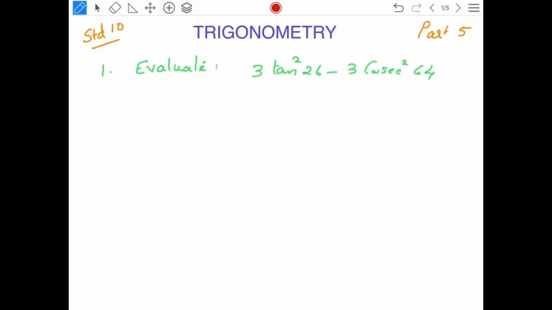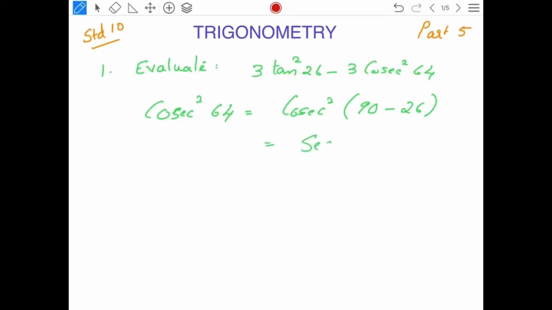So we'll convert cosecant squared 64, which is equal to cosecant squared of 90 minus 64, can be written as 90 minus 26. So cosecant 90 minus theta will be secant theta.